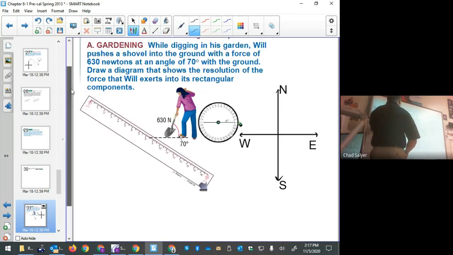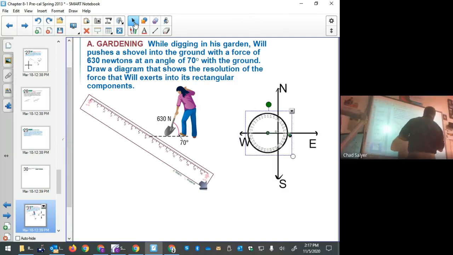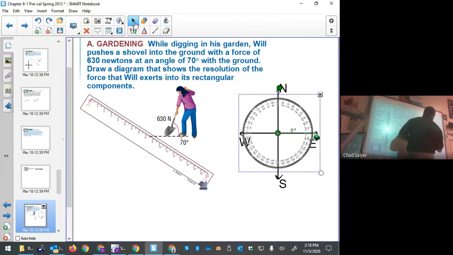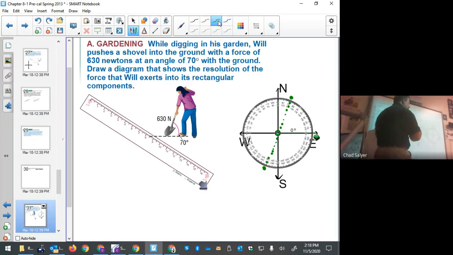So the first thing we need to do is find this angle. So he goes at 70 degrees to the ground. But you see how the force is applied here into quadrant 3. So it's on this ray, but it's actually this angle. So that would be 250 degrees.